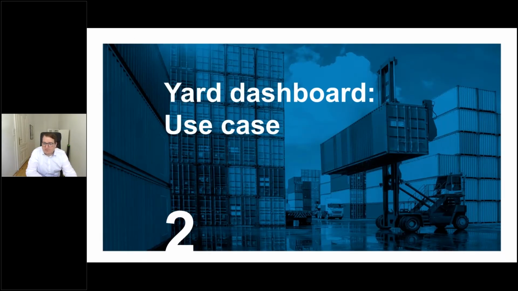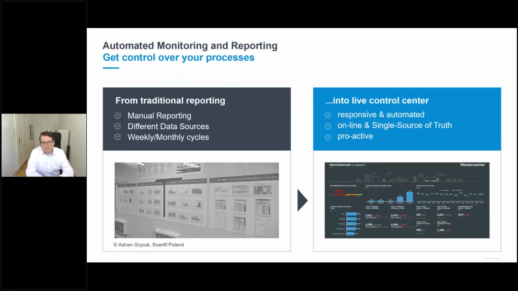What is the use case for the dashboard? We are looking now at our solution. This is Westernacher Insights, coming from the history, from the traditional reporting. We often see this manual reporting in various types of yards, whether it be a port, a container terminal, a railway terminal, or just truck yards.